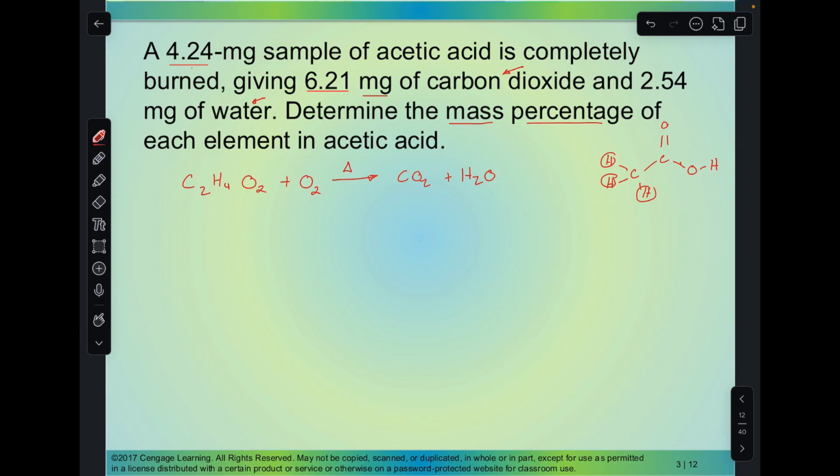And so this is a good starting ground, but I'm going to outline some steps. So first, one, if you don't know what's going on in a question, the first thing you want to do is write out an equation, and you want to balance it.